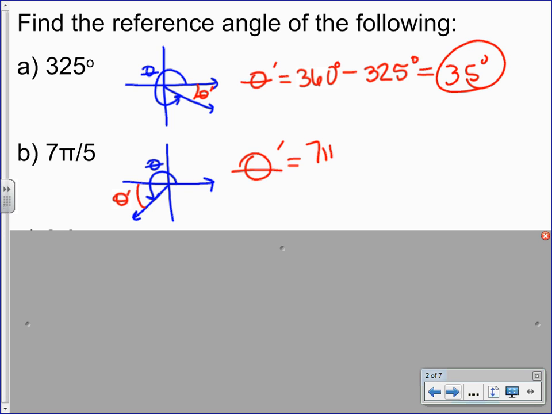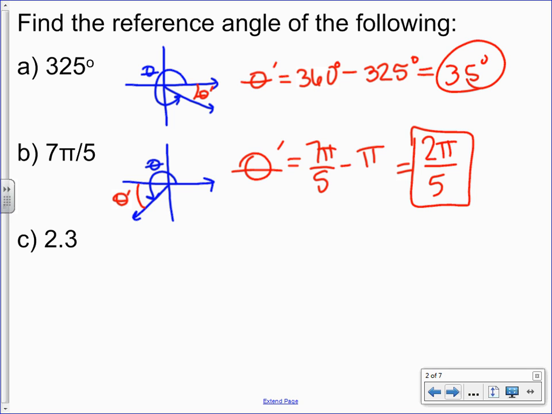Going to take 7 pi over 5 and subtract pi, which means we're left with 2 pi over 5. Always positive. Like I said yesterday, if you accidentally take pi minus 7 pi over 5 and get a negative, you should think to yourself, reference angle can't be negative, just make it positive. And it'll be fine.